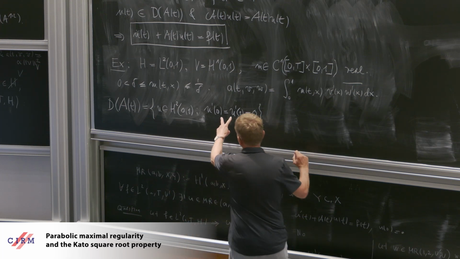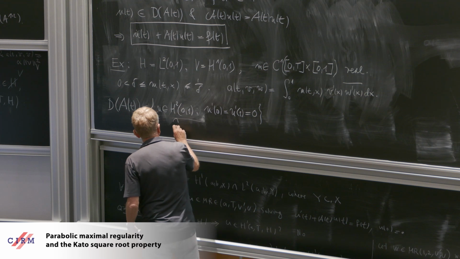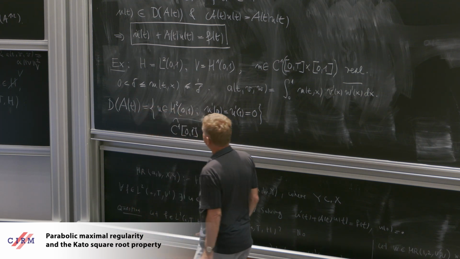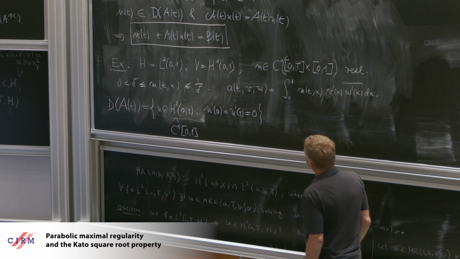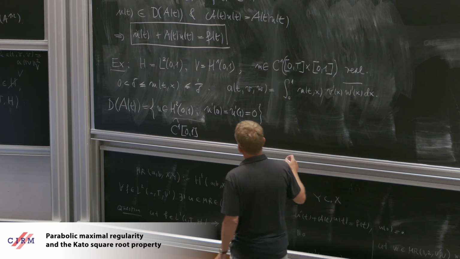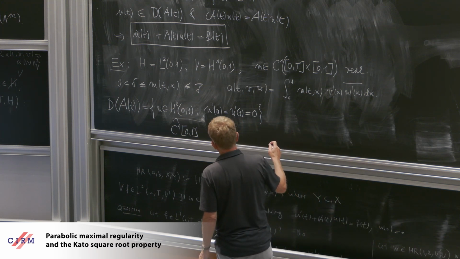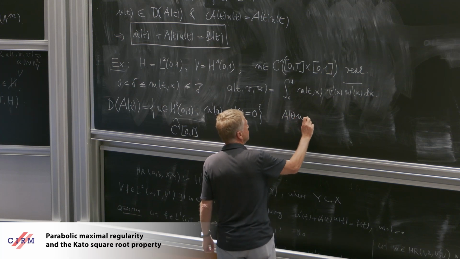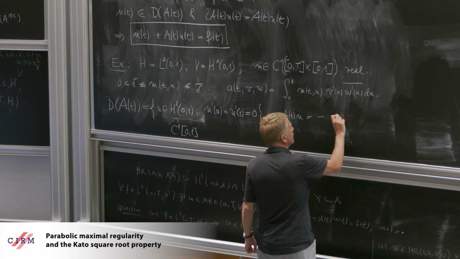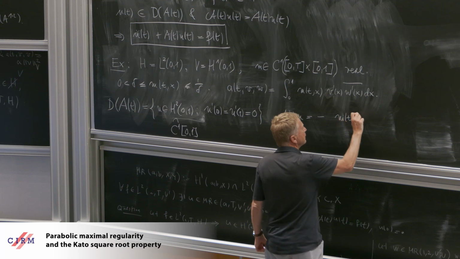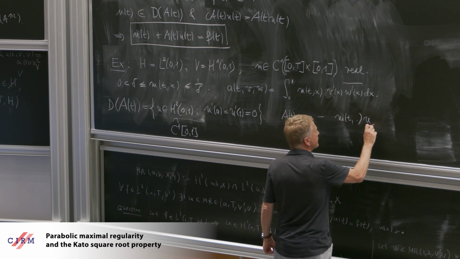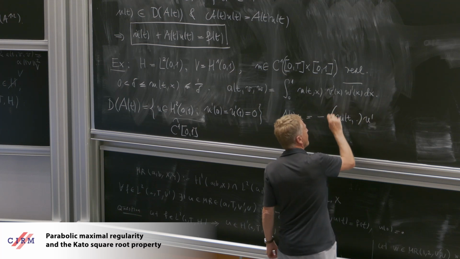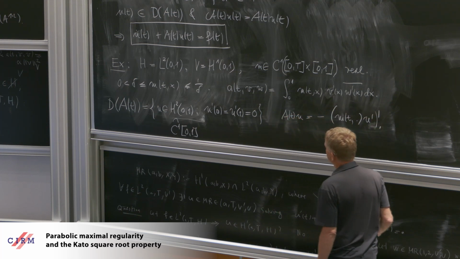So this has a sense. So this is always in C1 of [0,1]. Now, the operator A(t) applied to such a u is minus (m(t) u')'. This is the operator.